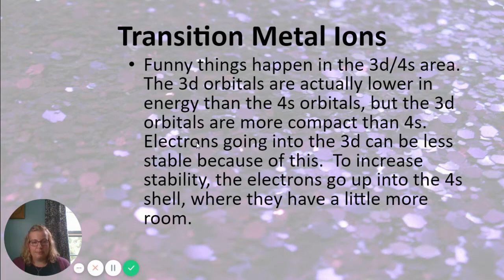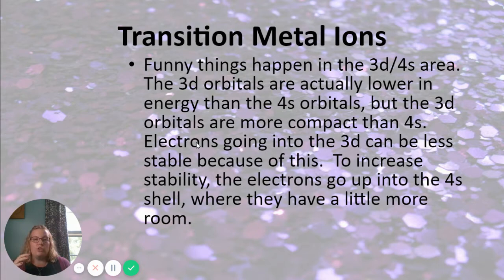Because the 3d orbitals are compacted with each other, putting electrons into the 3d shell actually makes an atom less stable than if we popped them up just a little bit into the 4s shell.